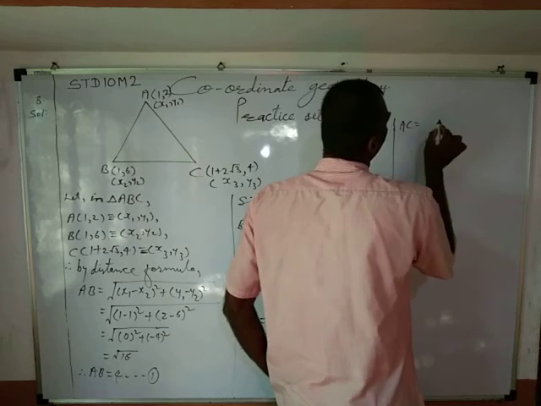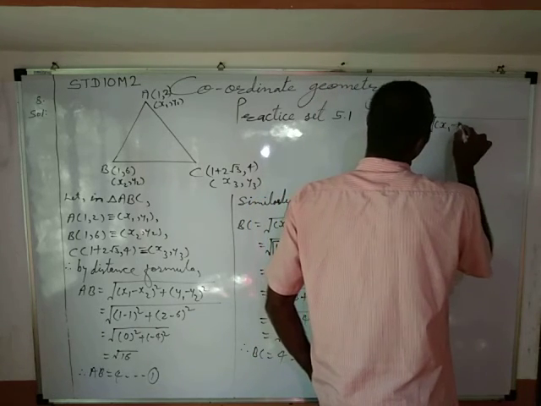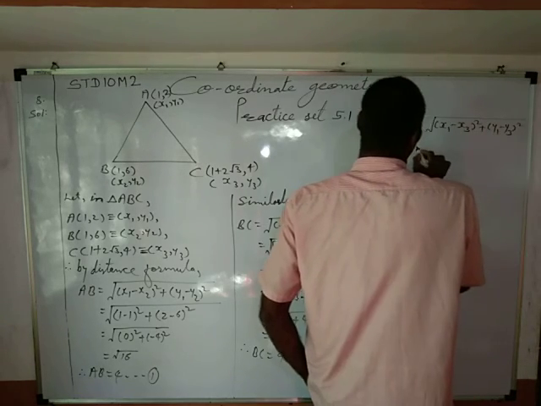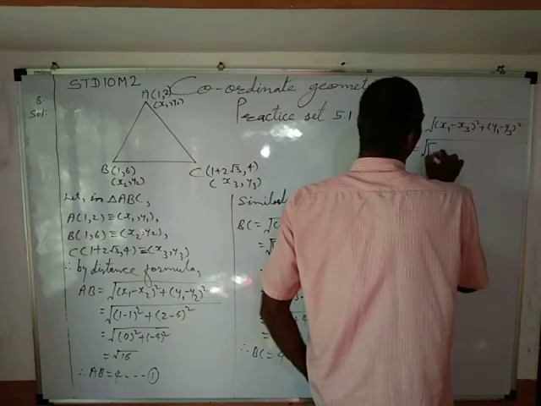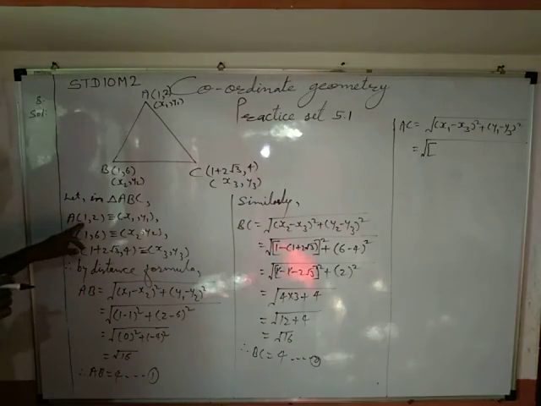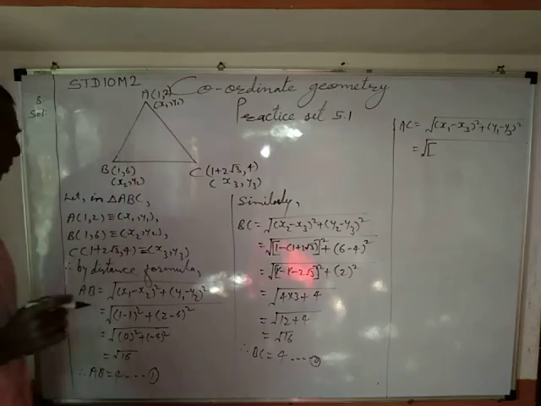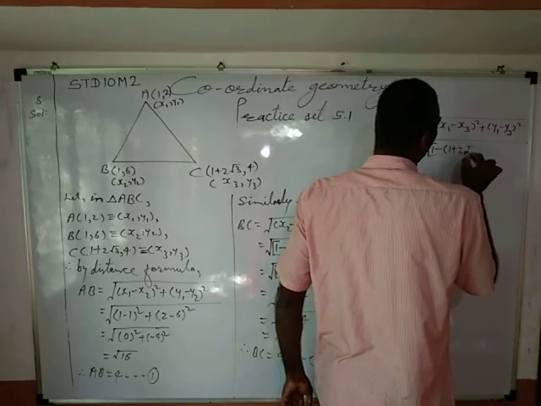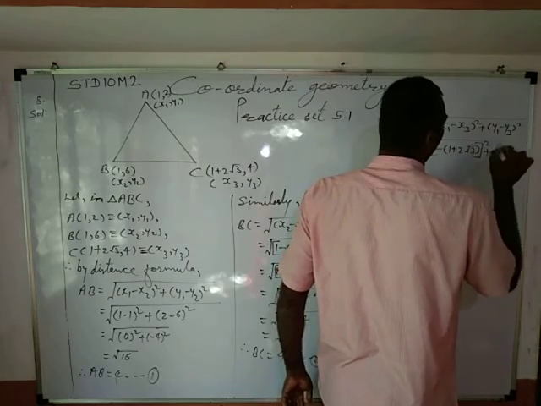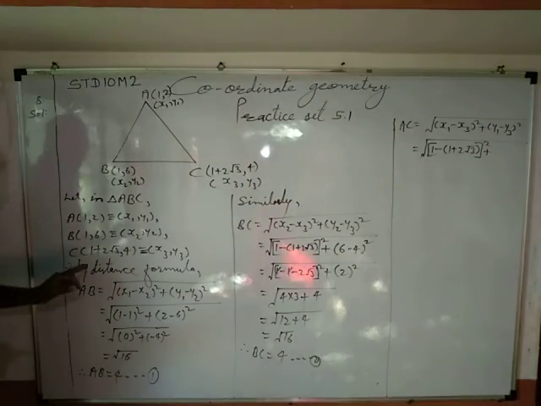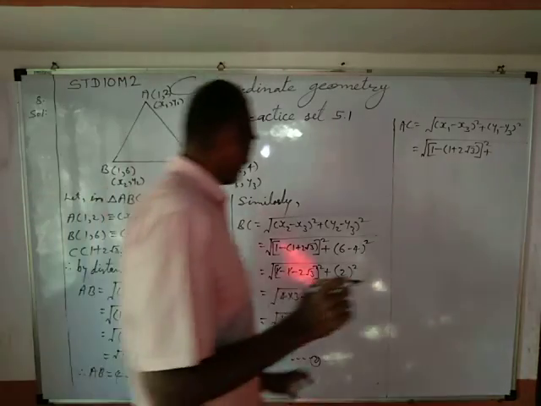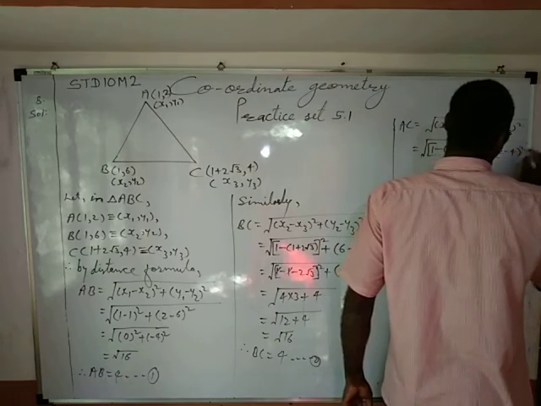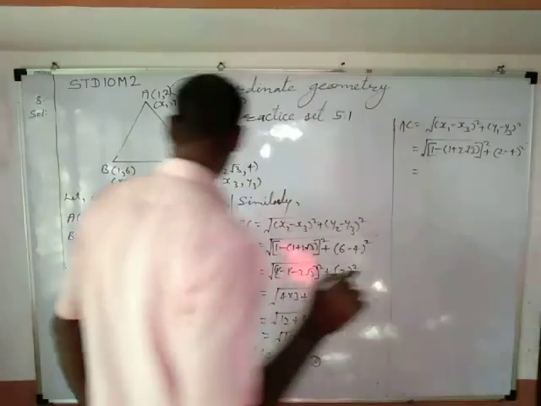AC equals under root (x1 minus x3) whole square plus (y1 minus y3) whole square. x1 is 1, x3 is 1 plus 2 root 3, so it will be (1 minus (1 plus 2 root 3)) whole square plus y1 is 2 and y3 is 4, that's why it will be (2 minus 4) whole square.